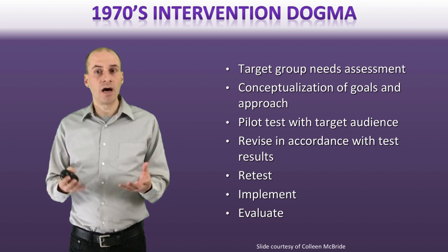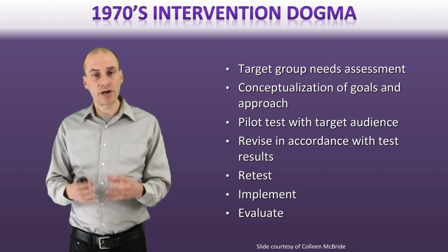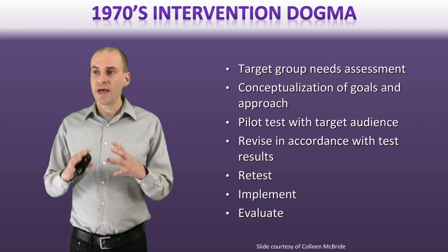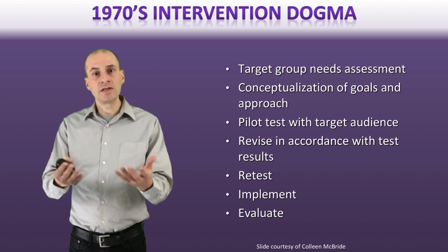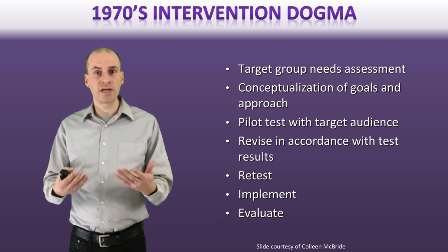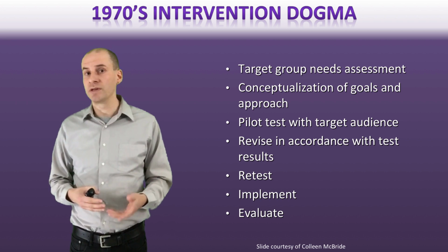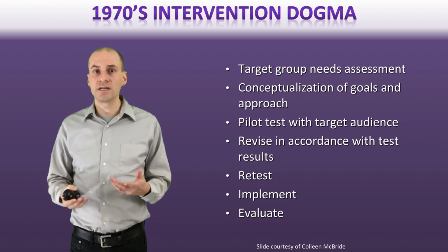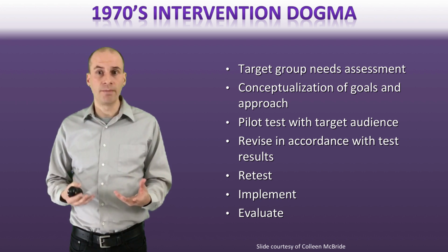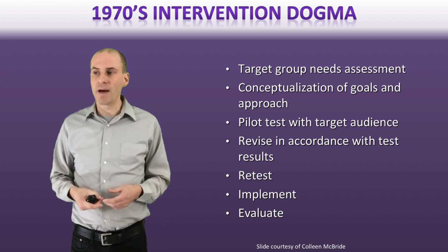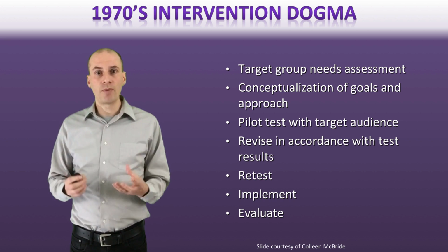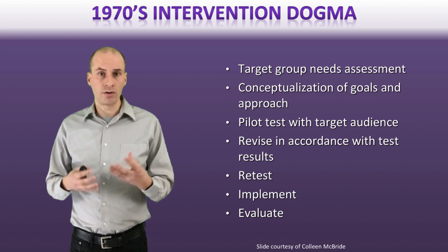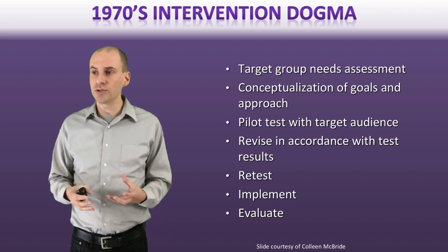Well, you might figure out that that's your target group, and you figure out where you're going to do it, and you then figure out what the needs are of the mothers to actually be able to do that. Maybe they need more time, or stations where they can pump milk, for example, right? So what are the needs of that population? Then you come up with what your goals are for your intervention and create an approach.